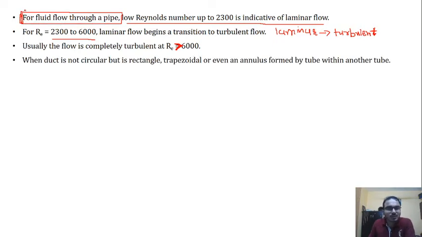Now when a duct is not a circular one, but let us say it can be rectangular, trapezoidal, or even an annulus, formed by a tube within another tube. So these are the variations which are possible.